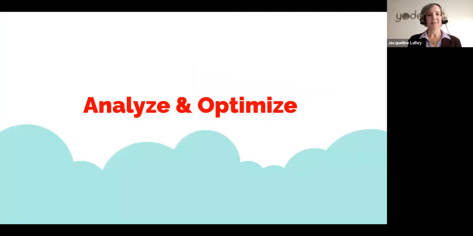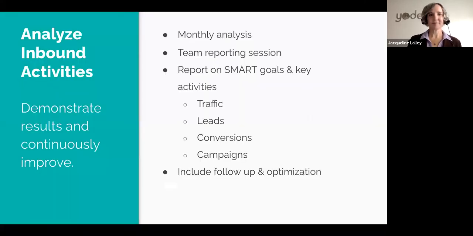Analyzing and optimizing. This is a really important part. As you've planned out activities for a quarter, for example, for a year, you want to be analyzing and optimizing the performance of those activities at least monthly. With at least monthly analysis, you're going to be demonstrating results and continuously improving your activity.